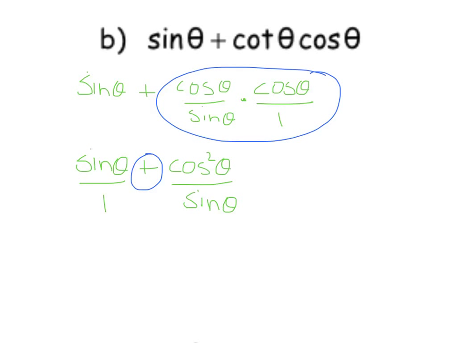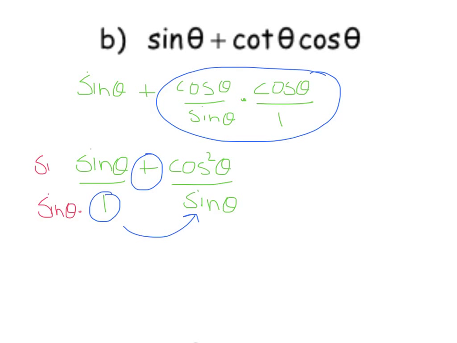So what has to be true? What do you have to have in order to add fractions? Yep, you guessed it. You got to have a common denominator between the fractions. So how am I going to get this denominator to match that one? I need to multiply top and bottom by sine of theta. So I'm going to multiply top and bottom by sine of theta.